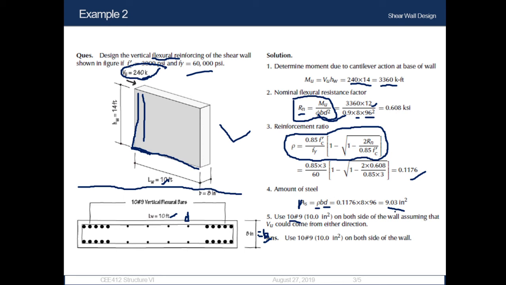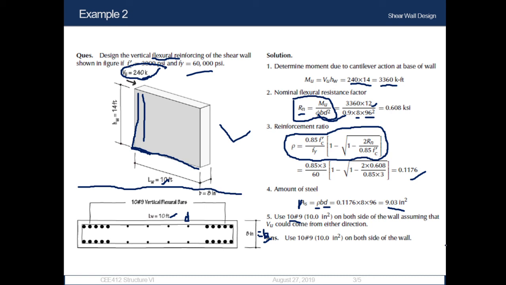Now we need to calculate the amount of bar required. Suppose we are using number 9 bar. We know the area of a number 9 bar. The bar chart is given in your previous lecture on reinforced columns, so from there we can take the area of individual bars.